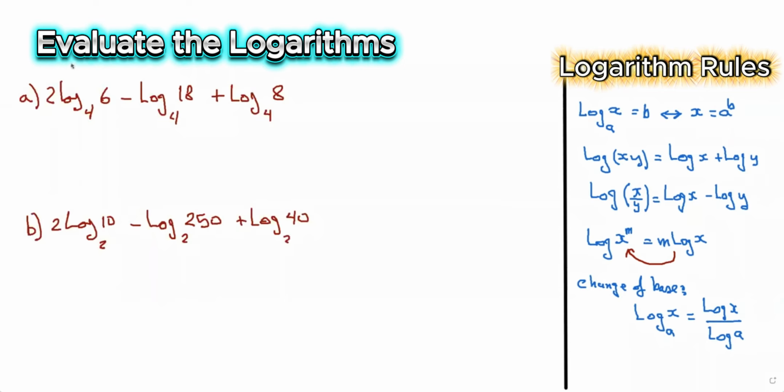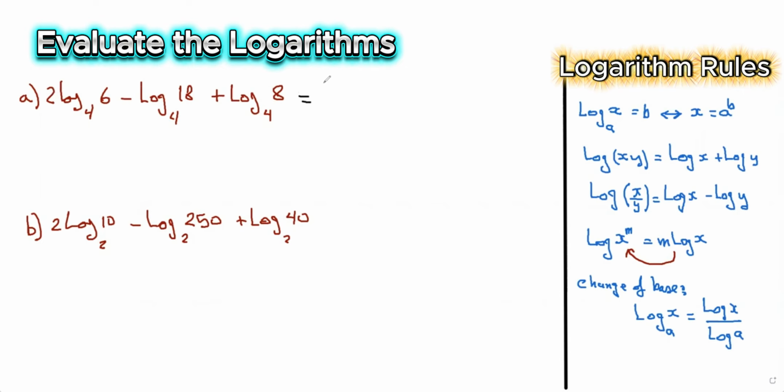So here is another question that says, evaluate each expression. To evaluate this, you have to combine them and write them as 1 log. So the first thing I want to do is bring any exponents that I have in front of the log to the top.